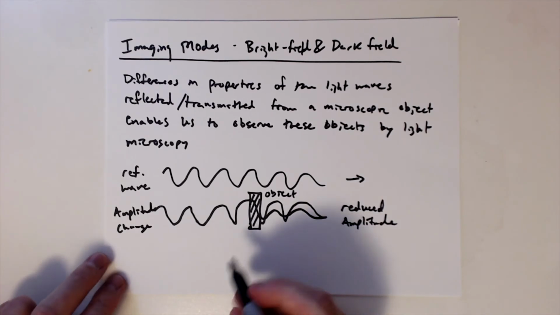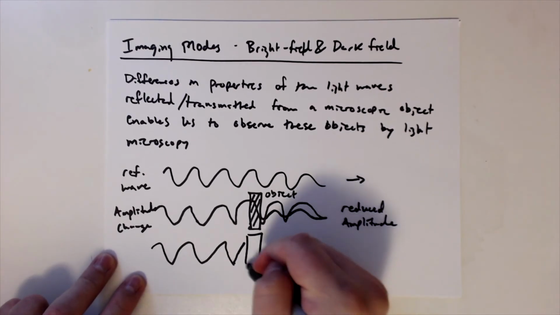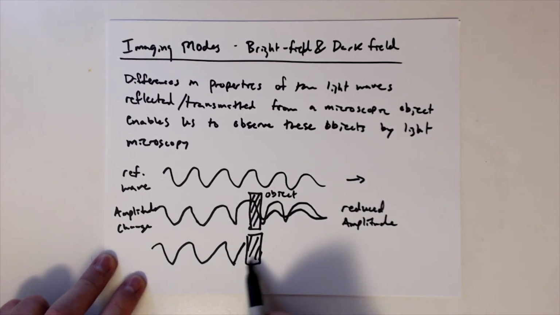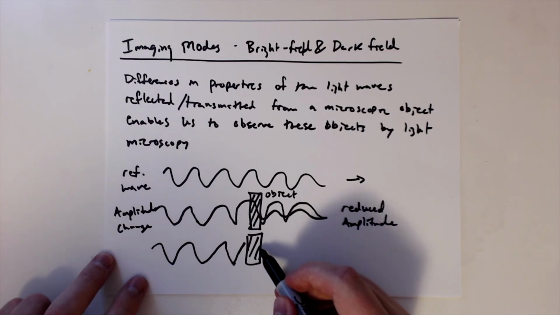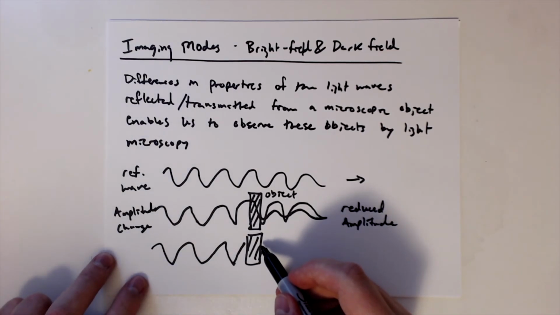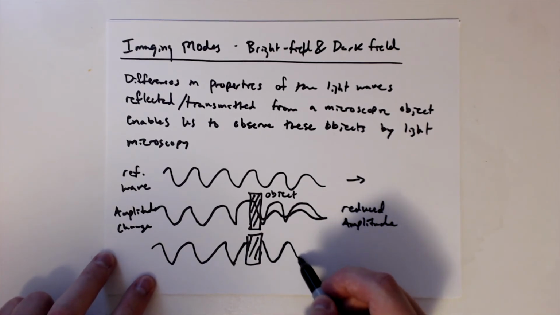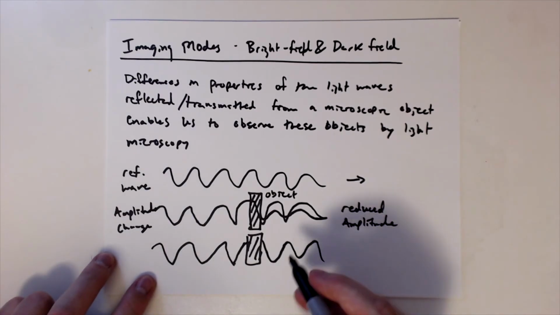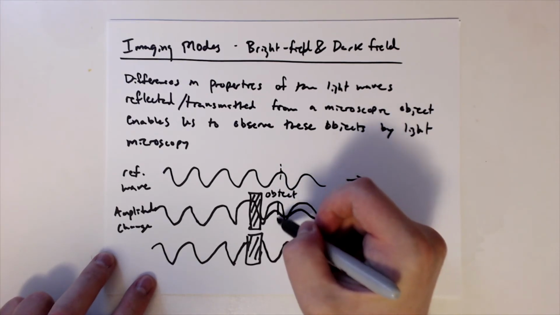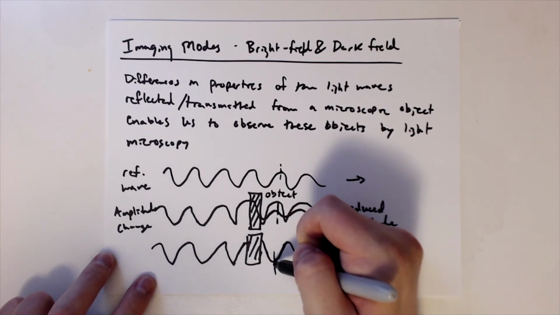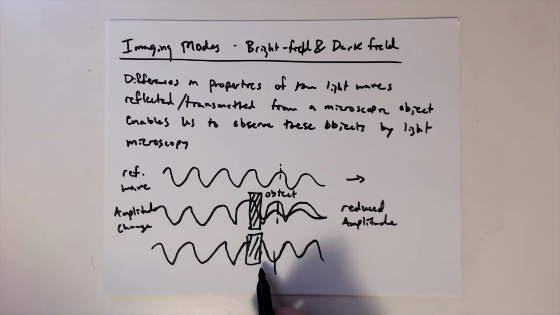All right. And lastly, let's look at another result. Again, our reference wave in front, and then we have our object. The other thing that can change is the phase. Effectively, the fact that, for example, this peak would be right here is now a minimum. So we've shifted the wave by interacting it with the object.